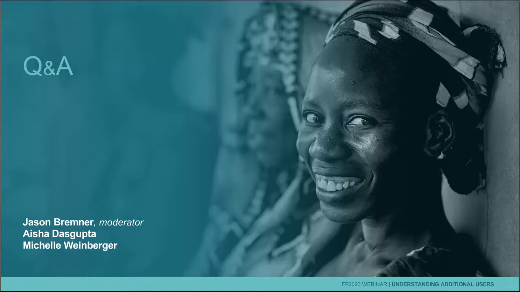Thanks, Michelle. There's been a request for citing a methodology document to show how additional users are being quantified. I'll just go ahead and answer this one, because the methodology documents for additional users, there's a technical note that is available both on the Track 20 website as well as the FP 2020 Measurement Hub.